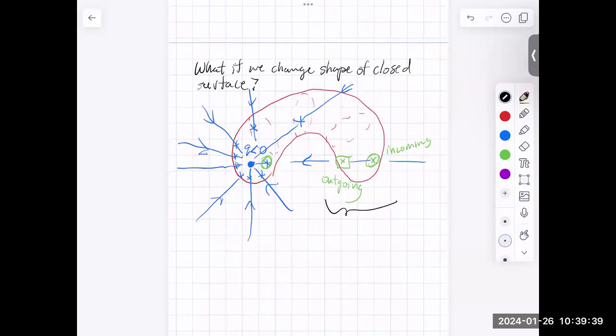And so we could say one incoming contribution cancels with one outgoing contribution.